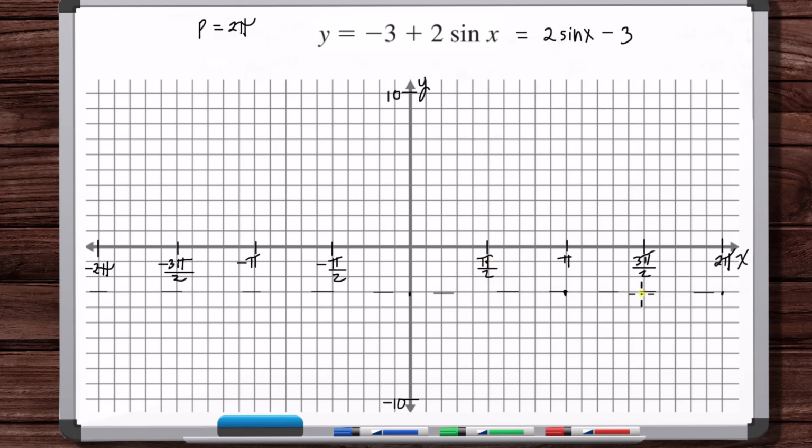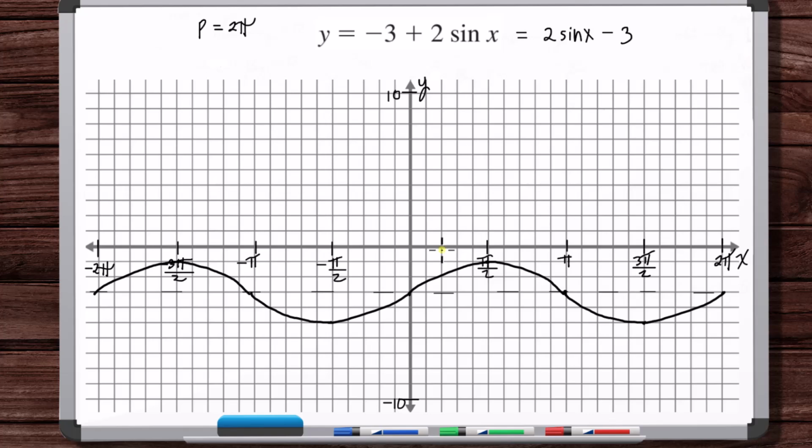And at the 3/4 point, it goes to the negative amplitude, which is here. All right. So like that. And there we go.